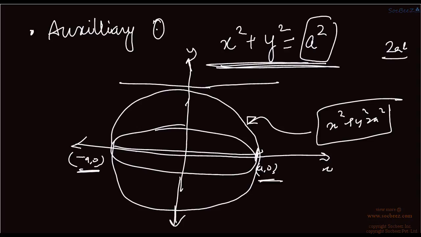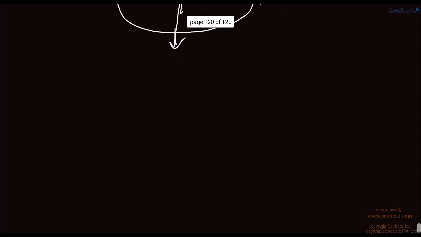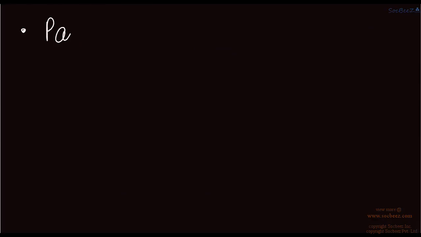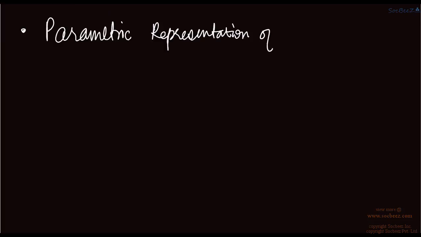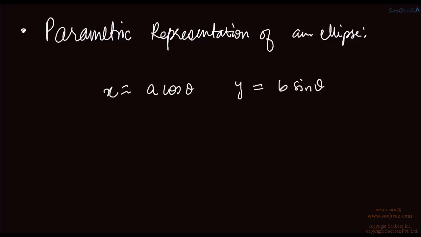Fine. Now we'll move on with the parametric representation of an ellipse. The points can be given by x is equals to a cos theta, y is equals to b sin theta.